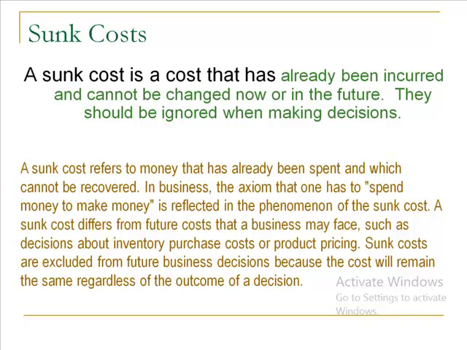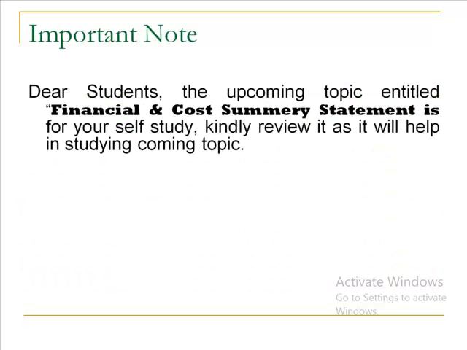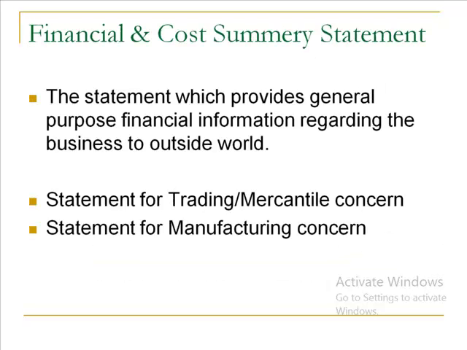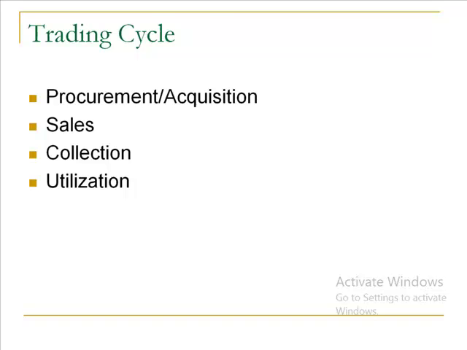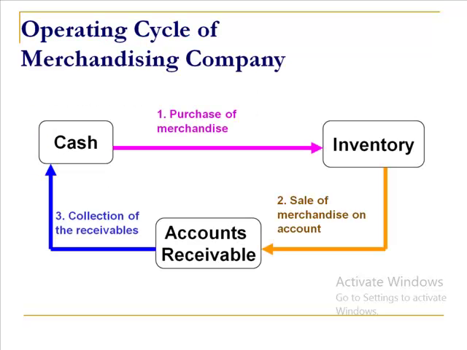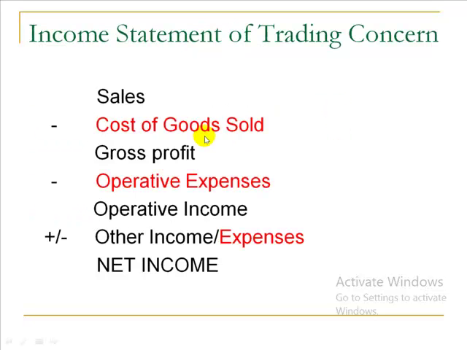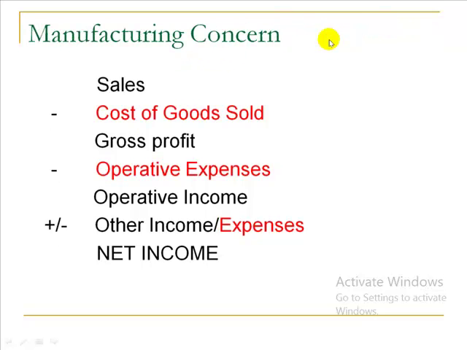One thing dear, I suggest that all of you must study the financial and cost summary statements. I accept that you have studied these in your financial accounting: what are financial and cost summary statements, what are the trading cycle and the manufacturing cycle. How can we prepare an income statement in a trading concern, and in a manufacturing concern?